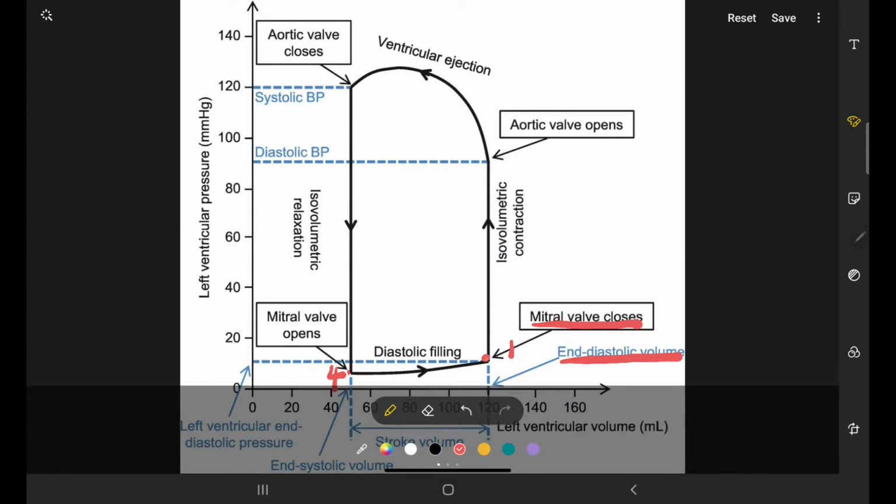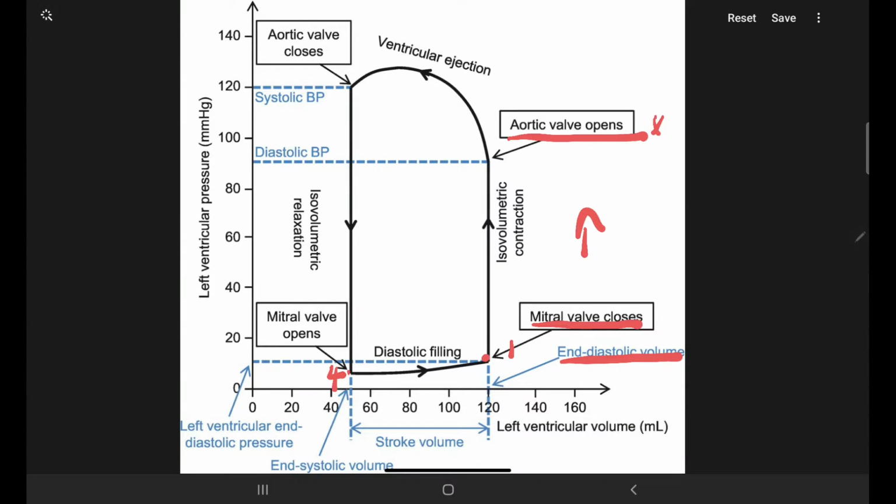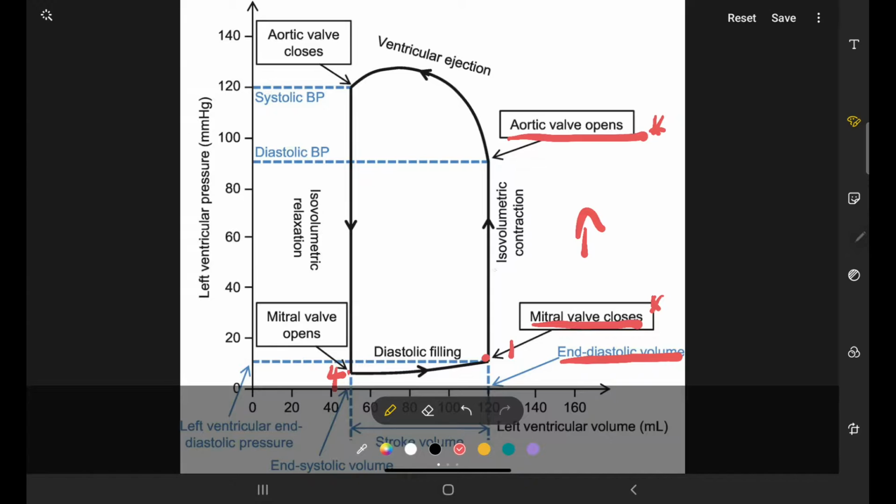Now, once the mitral valve closes, there's not enough pressure to open the aortic valve. So pressure will keep on increasing, but it will be doing so against 2 closed valves. Because that is happening, we call this isovolumetric contraction.